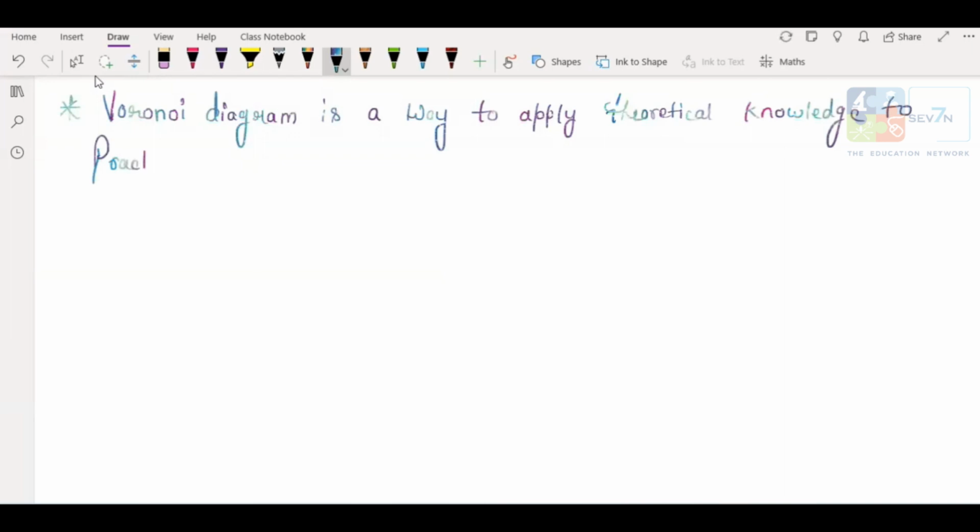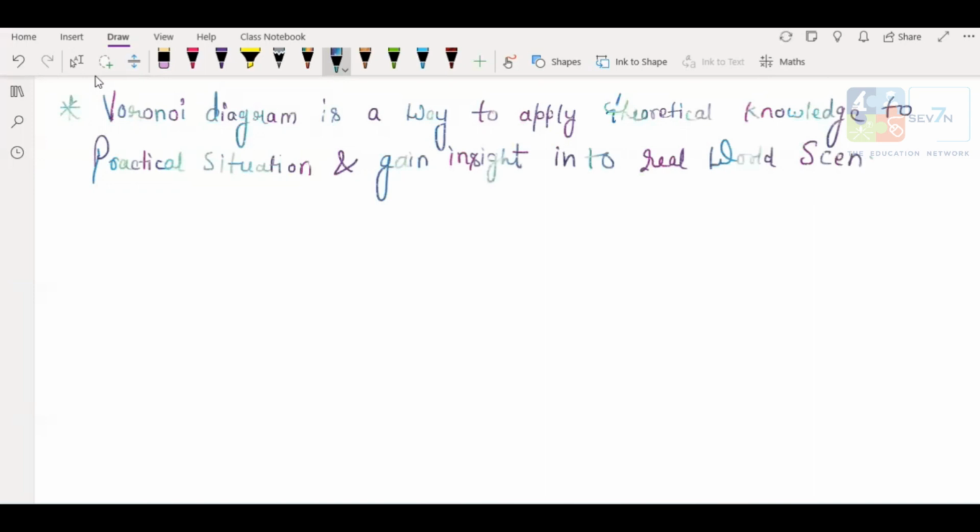Whatever situation you have, you can apply your theoretical knowledge to that practical situation and gain insight into real world scenarios. This is the theoretical part of this topic.